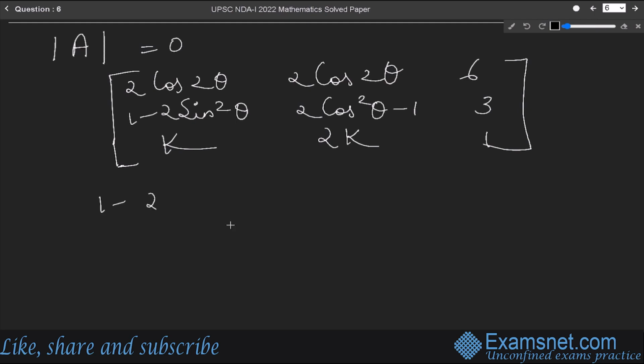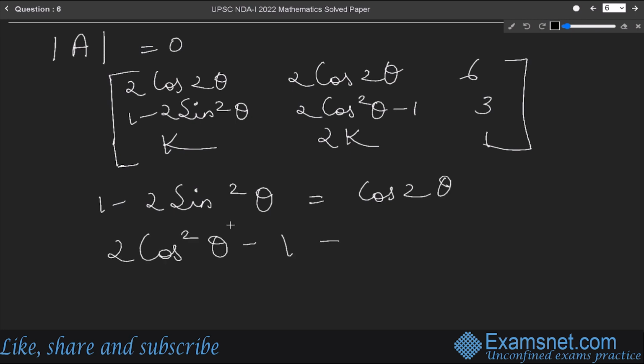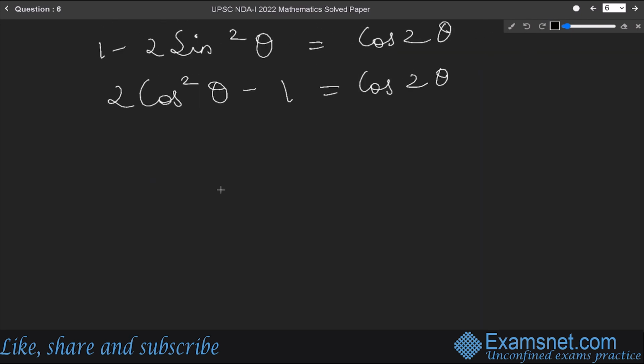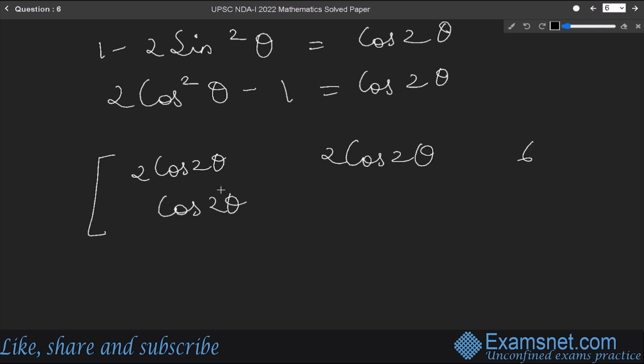We know that 1 minus 2 sin square theta is equal to cos 2 theta. Also 2 cos square theta minus 1 is equal to cos 2 theta. So replacing the values, we get 2 cos 2 theta, 2 cos 2 theta, 6, cos 2 theta, cos 2 theta, 3, k, 2k and 1.